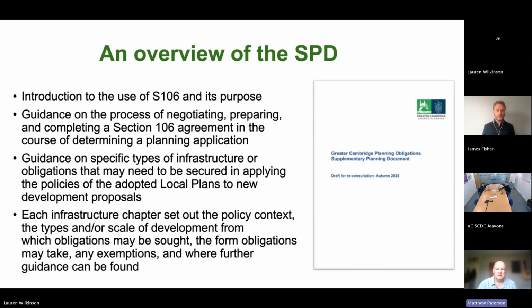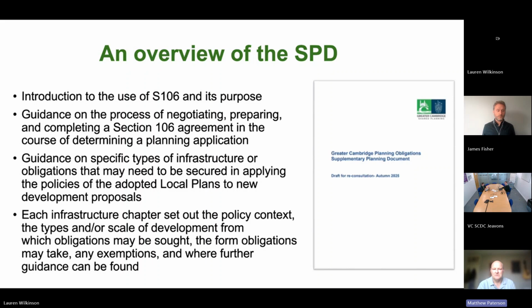It provides hopefully very detailed guidance in the second chapter on the process we will follow when we're considering a planning application when that comes in, as to how we will work with applicants around being clear about the nature of the Section 106 obligations due, how we will negotiate those, and how we expect to prepare and complete the Section 106 agreement itself.